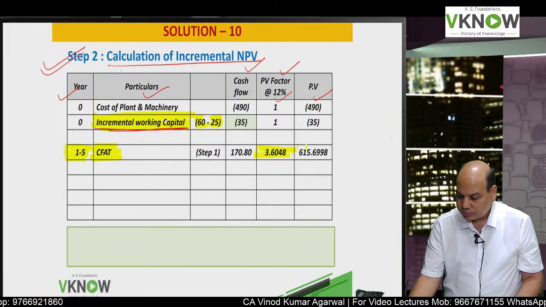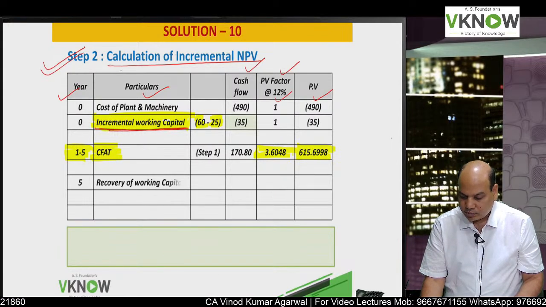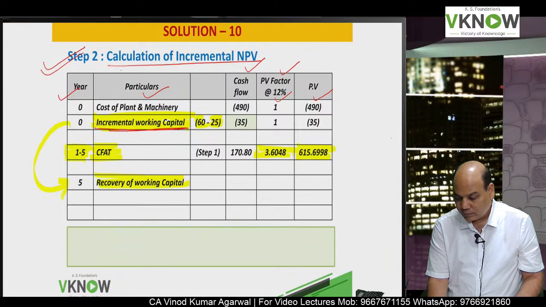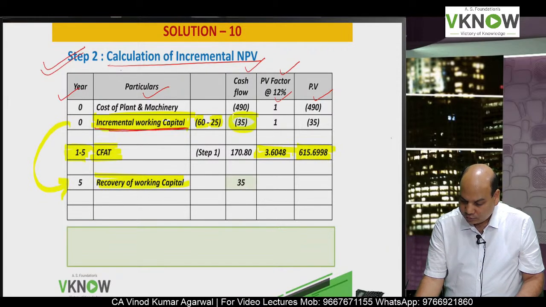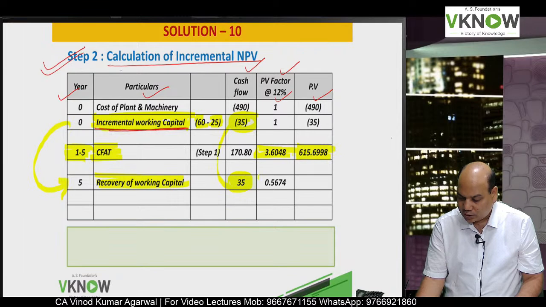Multiply the two. The PV of CFAT is 615. Year 5, we have to write recovery of working capital. Same as what you've written here, 35. Factor is given in the question.